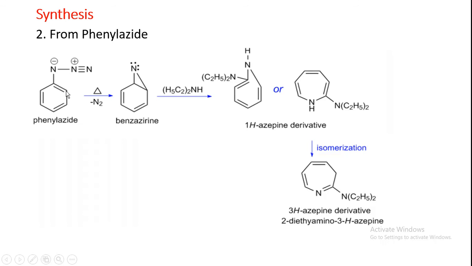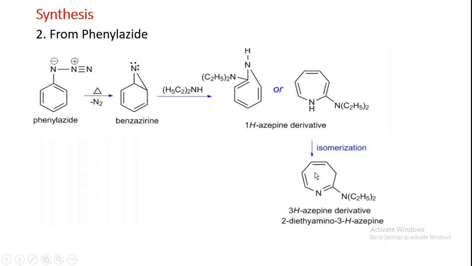So ultimately we are getting this one, benzaziridine. Next, the C2H5 amine will attack, so this bond will break down and this nitrogen will attach to this carbon. So you are getting a 1H azepine derivative. This is the same structure, correct.